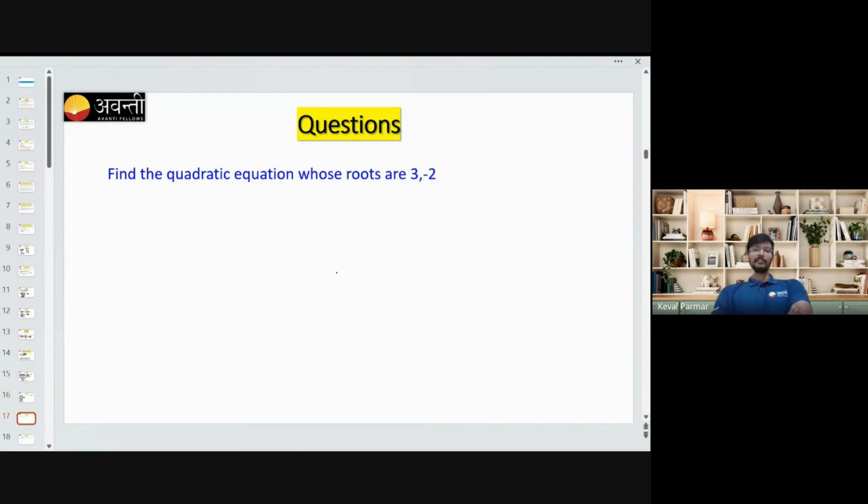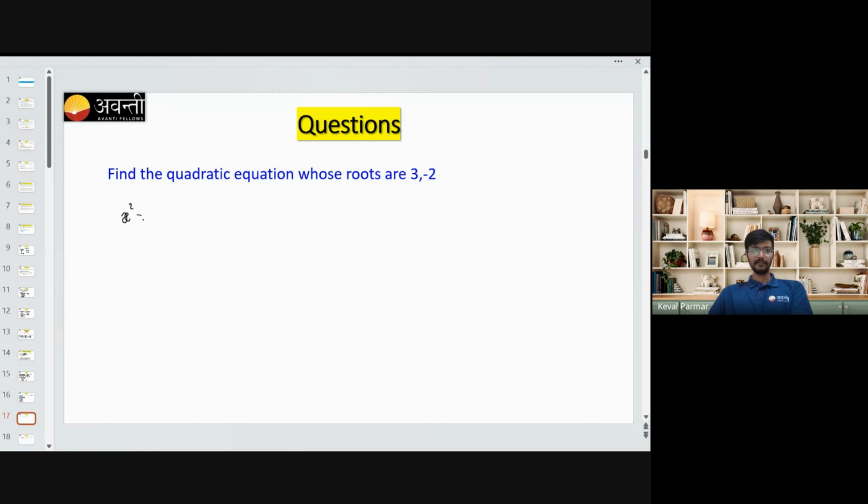Find the quadratic equation whose roots are given. Just now we have studied this. How to write a quadratic equation?